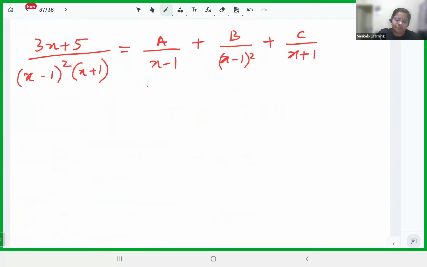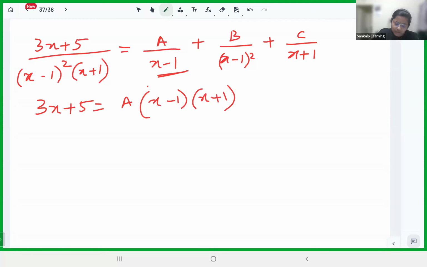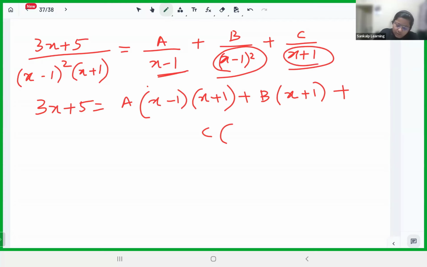Okay, so that is 3x plus 5 is equal to a into (x minus 1), into (x plus 1) is what is left, plus b into (x minus 1) the whole square is there, so just multiply it with x plus 1. Then plus c into (x plus 1) is already there, so what is left is (x minus 1) the whole square.